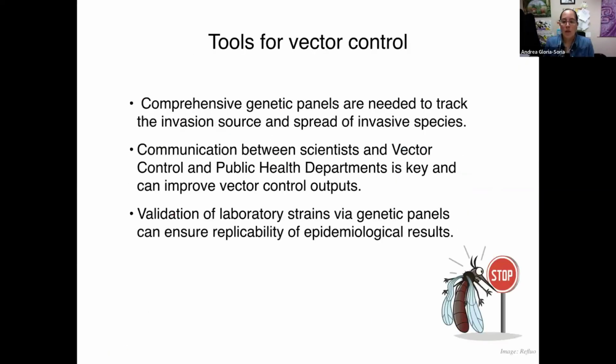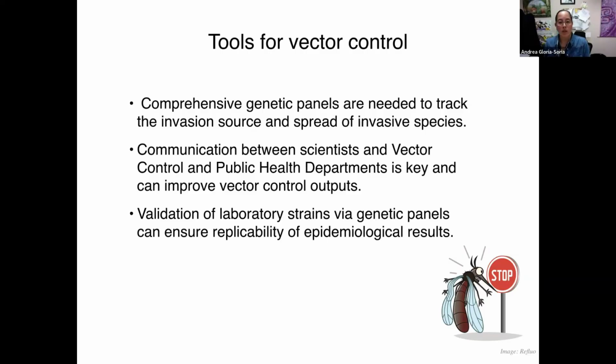And so from this part, I want to emphasize that we can have comprehensive genetic panels to track invasion sources of invasive species, such as Aedes aegypti. But it's also important to remember that really tight communication between the scientists performing the genotyping and the work with the vector control and public health departments is key to improve the vector control outputs.